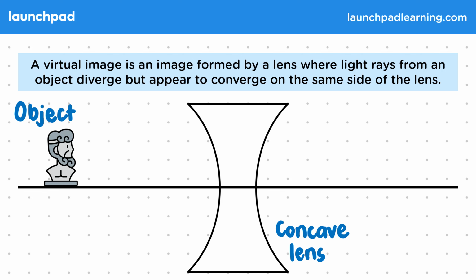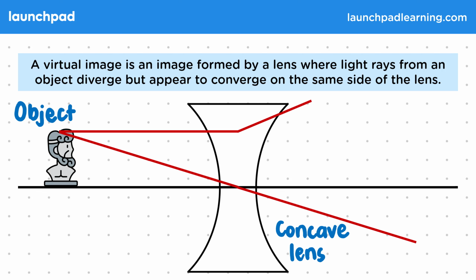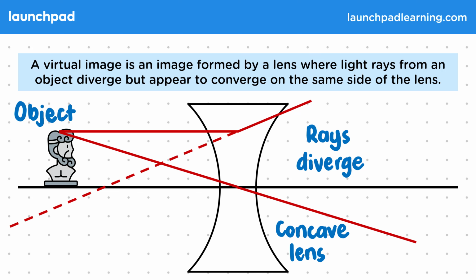Well, this time, if we start drawing the ray diagram, we see that the rays will diverge after passing through the lens. This means they can't converge on this side of the lens, so the image formed can't be real. Instead, we complete the diagram by tracing the path of this ray back through the lens.